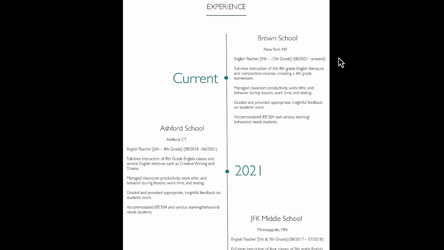This area here with Brown School and the description of duties is going to be its own div. Then we're going to have a div here with Ashford School, and then a div with 2021, and so on and so forth. So what we will end up having is date, description, description, date, date, description. And then we'll use Flexbox to achieve this layout once we get to the CSS video.